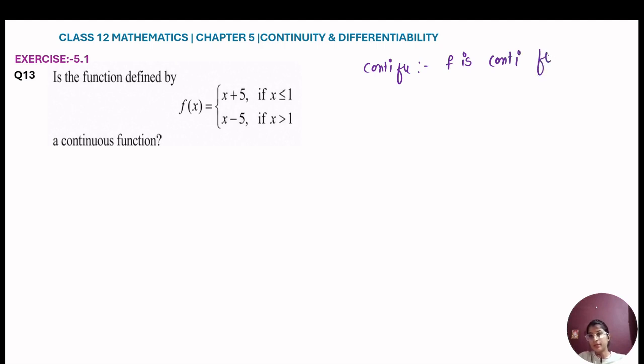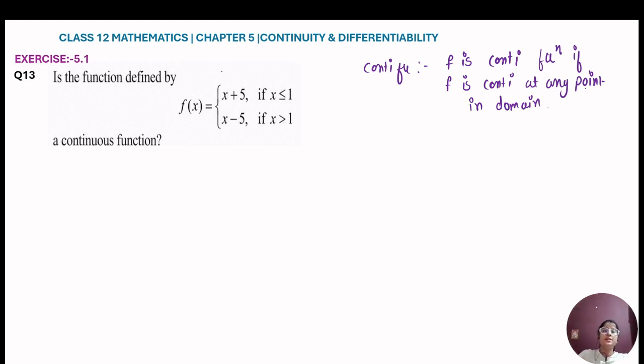We know continuity at a point, but a function f is said to be a continuous function if it is continuous at any point in its domain.